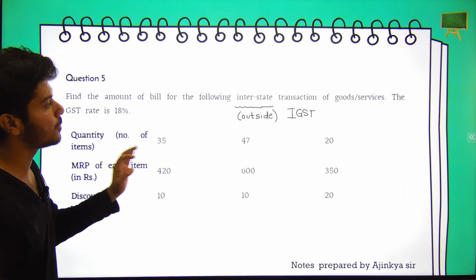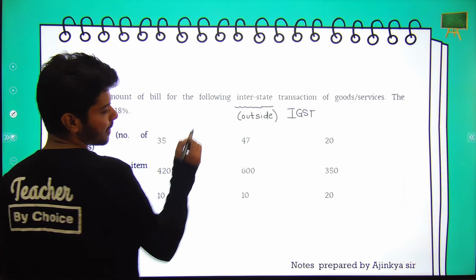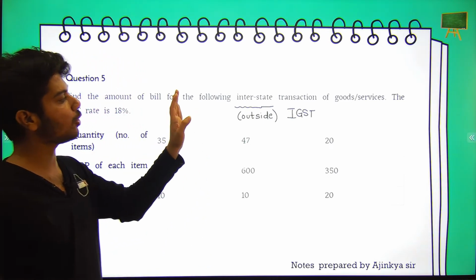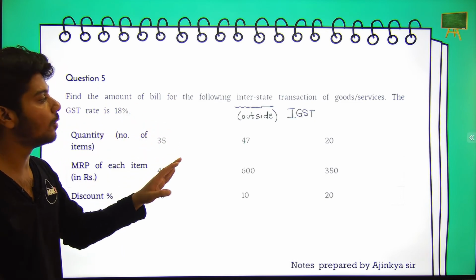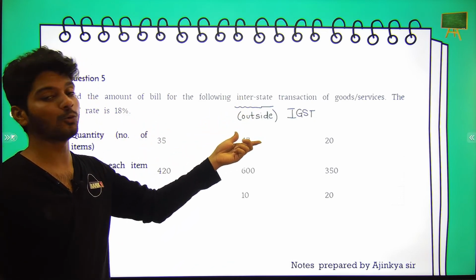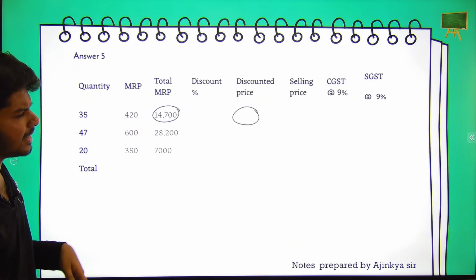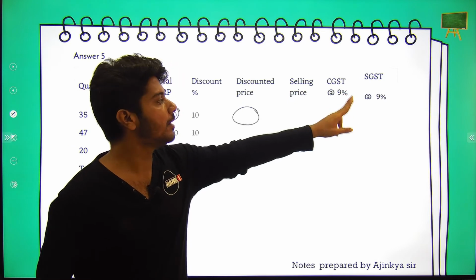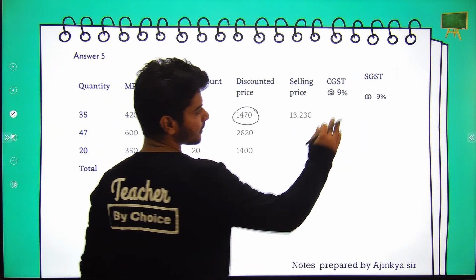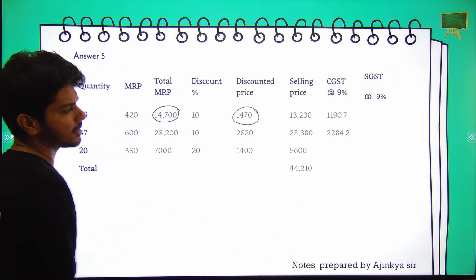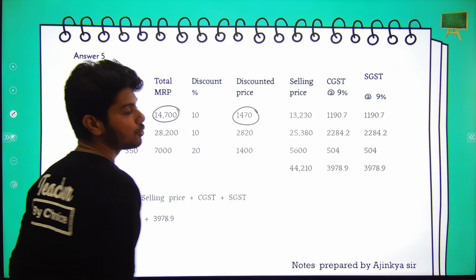Okay, when we talk about intrastate, as I explained, it means within the state, and interstate means outside the state. So you should calculate IGST. In this case, there will be only one column, the 18% column. These columns will not be there. There won't be two columns in this, only one column will be there, a merge of these two.